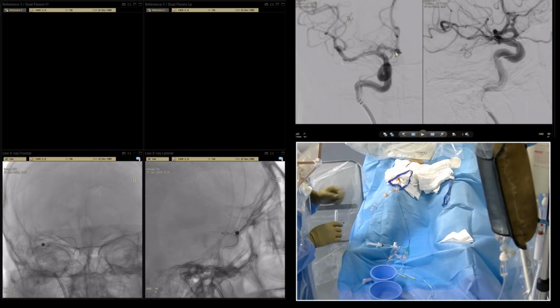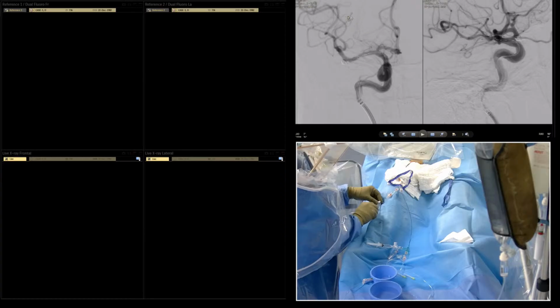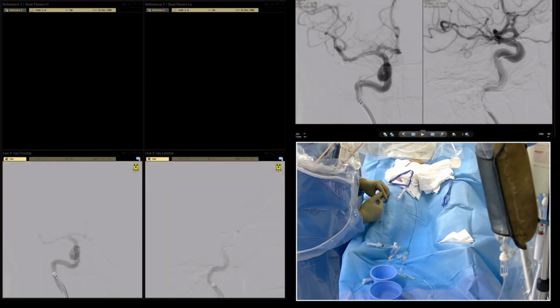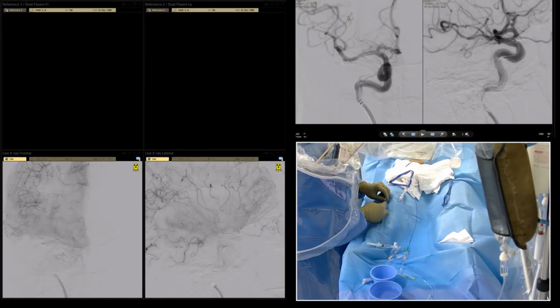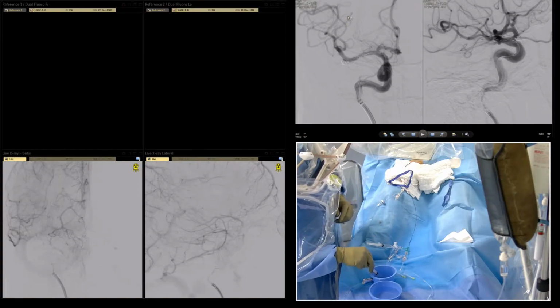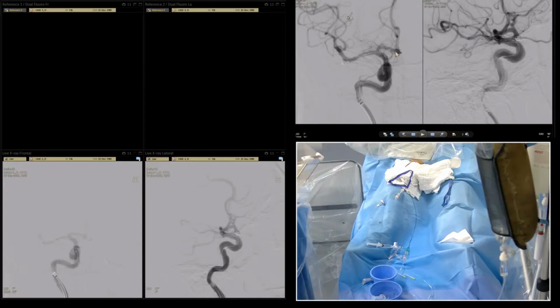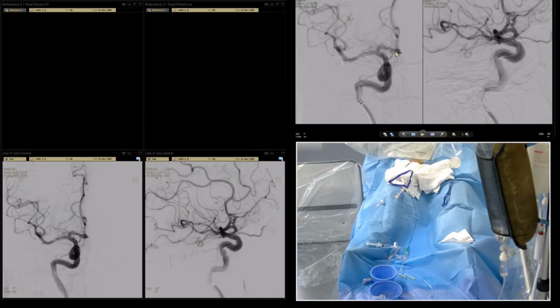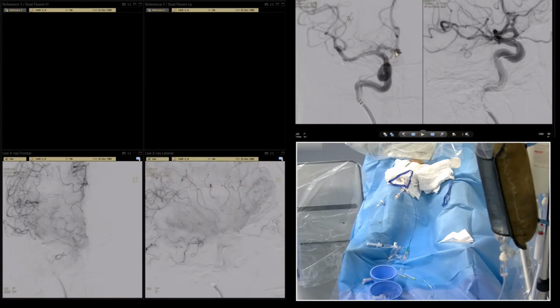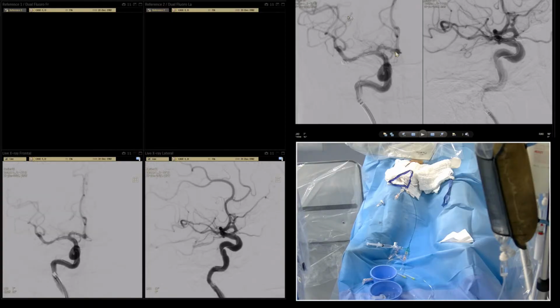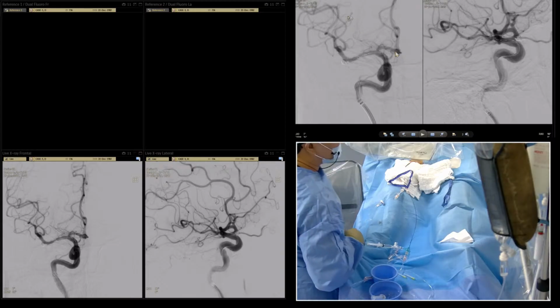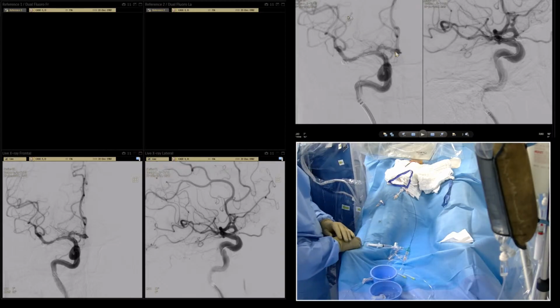We didn't give the... okay. This little bit delayed territory might be at risk. But usually it goes through the collaterals, huh?